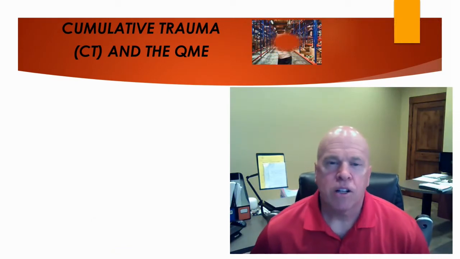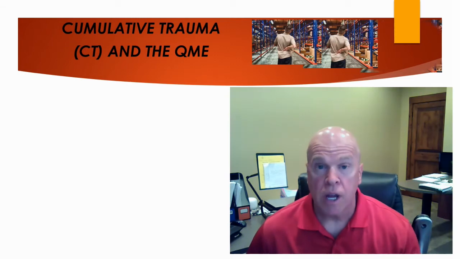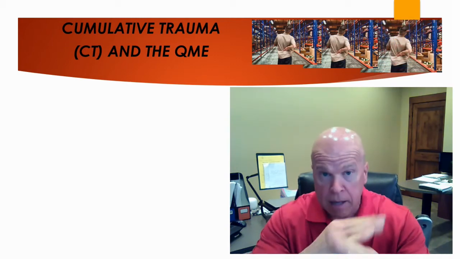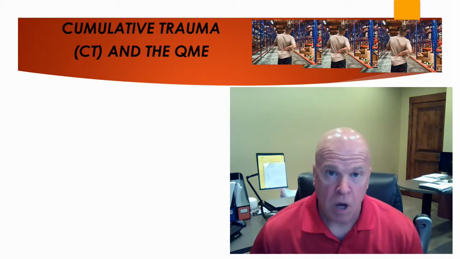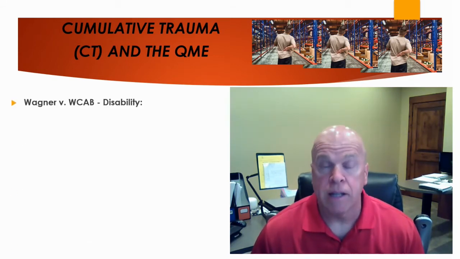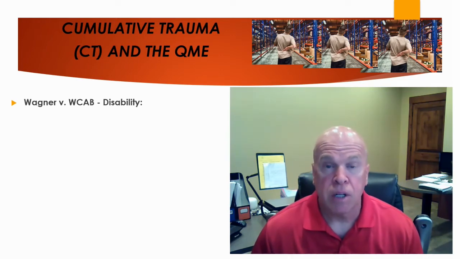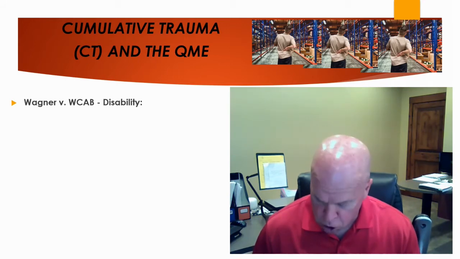Let's take a look at some of the facts of this Wagner case and see how the Workers' Compensation Appeals Board determined that knowledge and disability coincided to establish the date of injury and therefore the liability for benefits allocated to one insurer compared to another insurer.